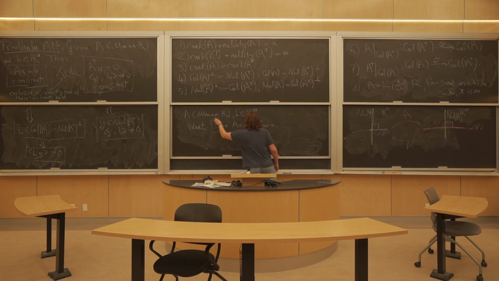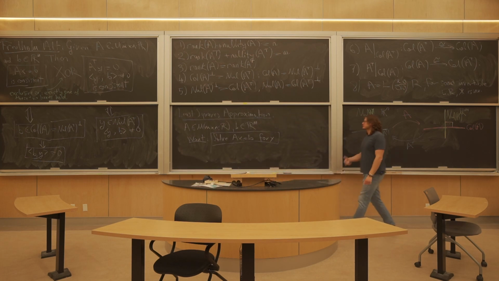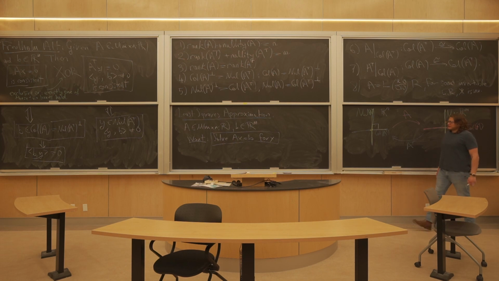So this is what I want to do. And we have discussed many methods of solving this: row reduction, whatever. And we have this dichotomy, right? Either b is in the column space, in which case you can actually solve this, or it's not, in which case there's no solution. So either the system is consistent or it is inconsistent.